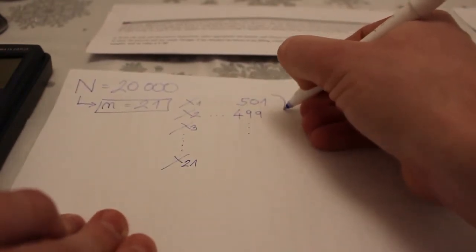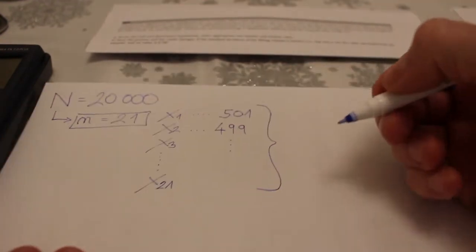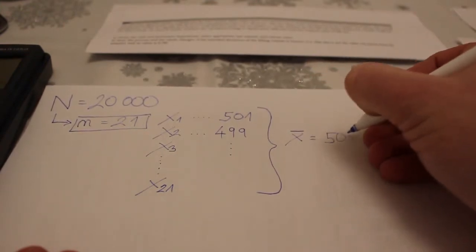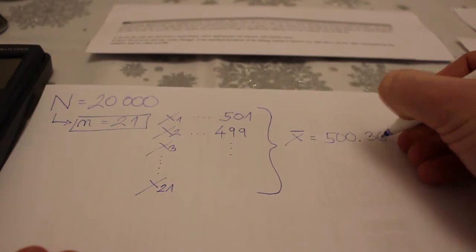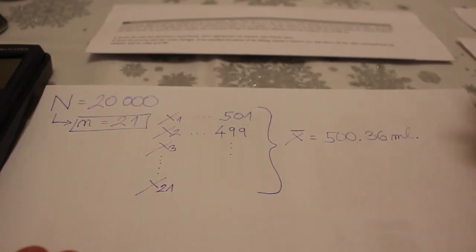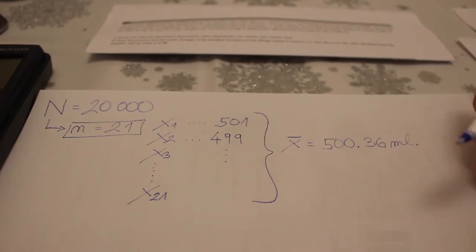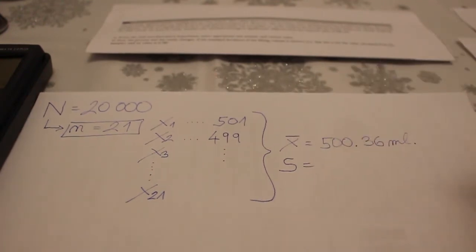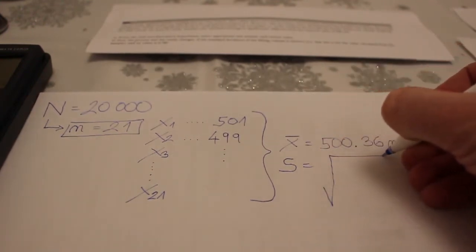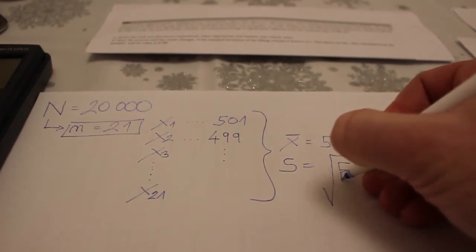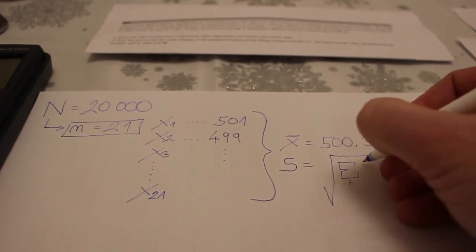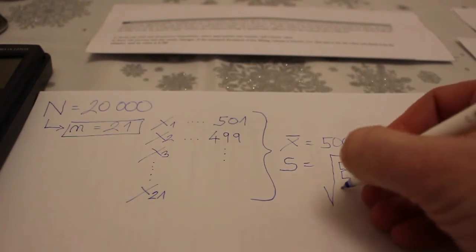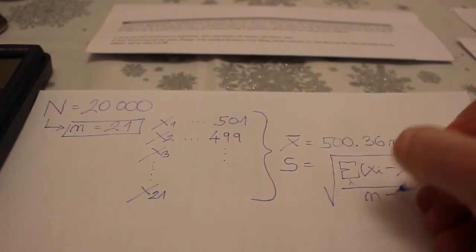we don't know these data, but you know that somebody calculated for you the mean, the average, 500.36 milliliters of beer. So this is your first sample statistic, and the other one, the standard deviation, was calculated as the square root of the variance, and the variance is the summation through all observations of x_i minus this sample mean, squared, divided by n minus 1.